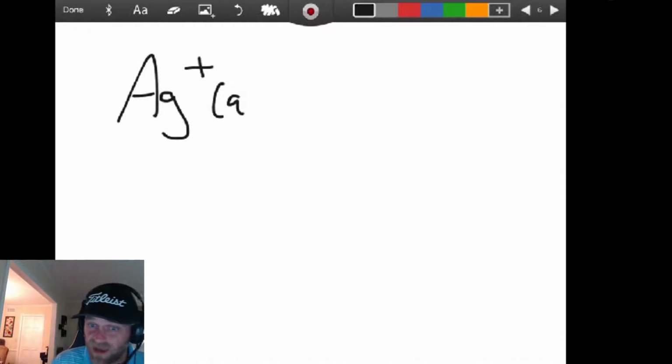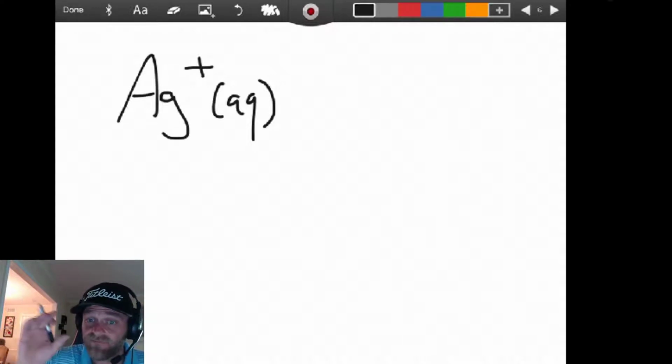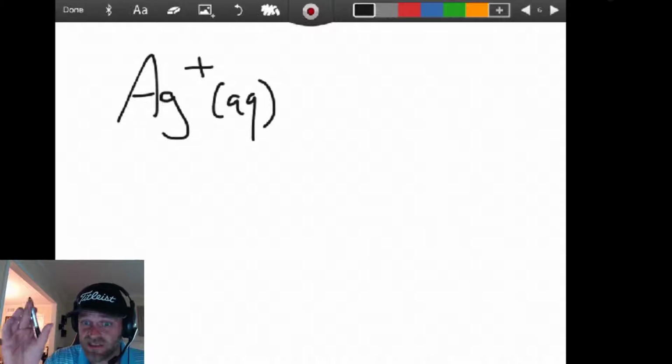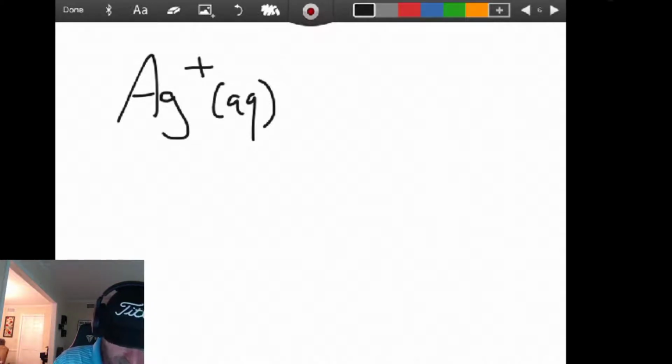And you want to put this behind every single atom, okay? Unless it's a molecule like the AgCl will be, because it's a solid and it's a combination of both. The aqueous, the AQ behind it just says this is dissolved in water. It is not insoluble. Insoluble is when it's going to have the solid.